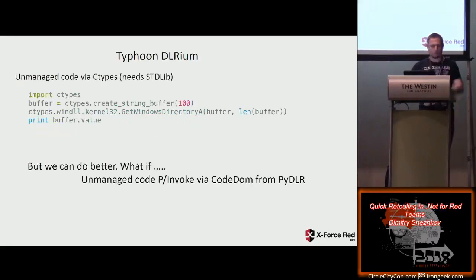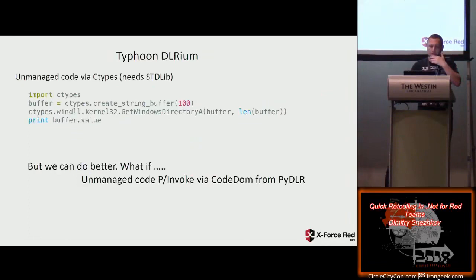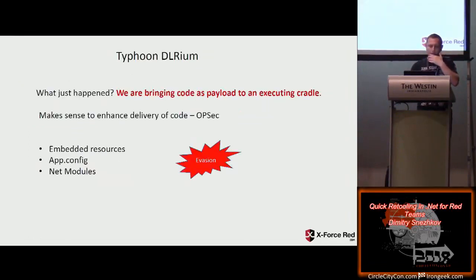Okay, you can work with ctypes if you want to, but the problem that we're facing is how do we actually bring that IronPython DLL in the first place, right? But that's also a challenge.